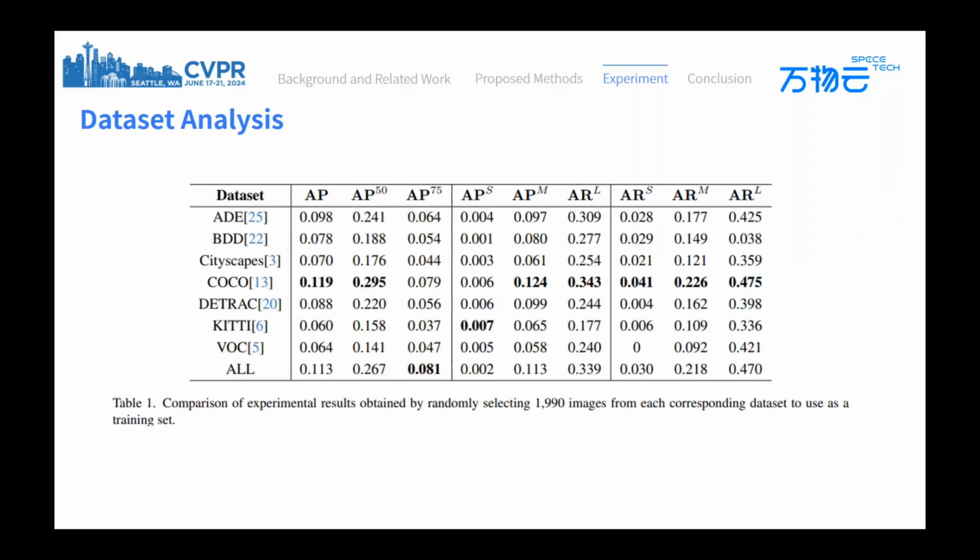In the meantime, to have a quantitative comparison of the efficiencies of different datasets, we randomly select 1,990 images from each dataset and implement training respectively. Performance shows that the model trained on COCO outperformed the others. This outcome supports our choice of COCO for training due to its diverse and balanced representation.